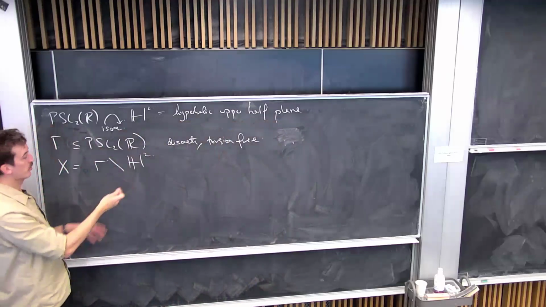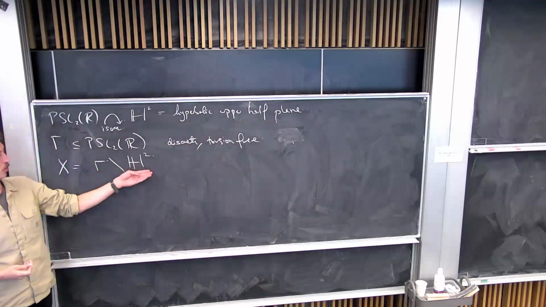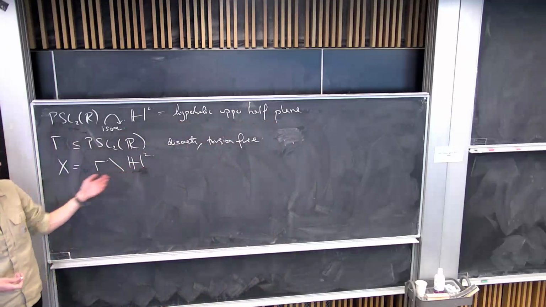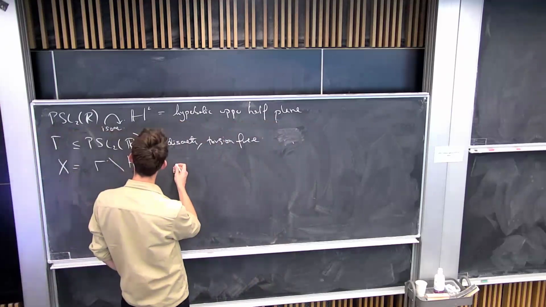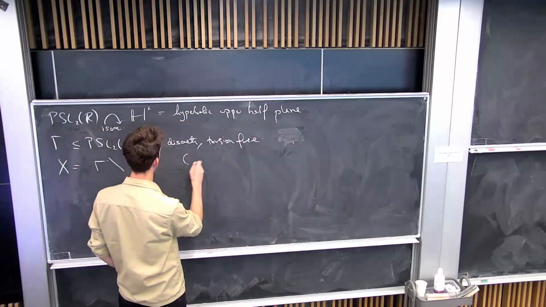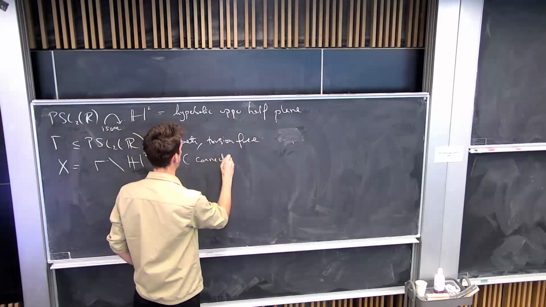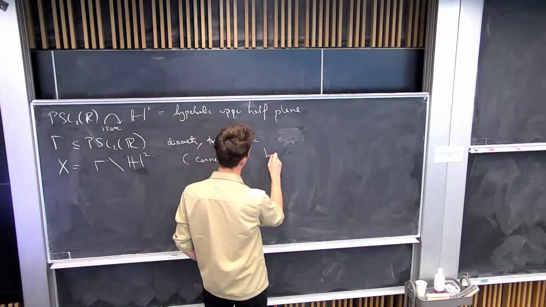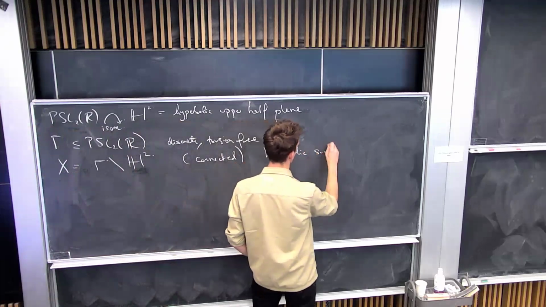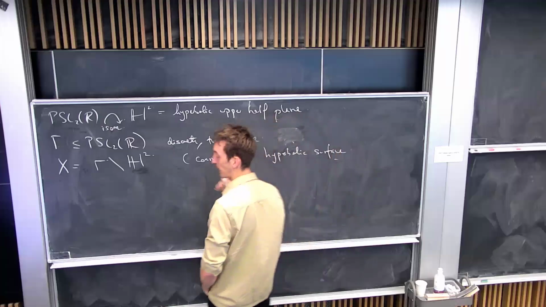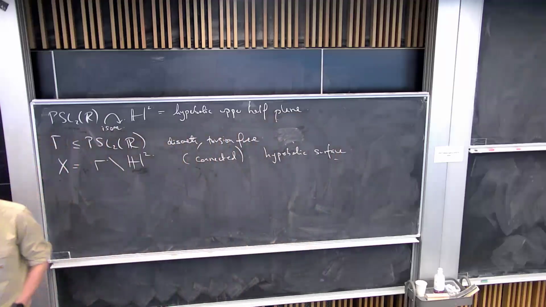You get a surface with the same local metric as the one on H2, so this is a surface of constant curvature minus 1. This is basically my definition of a connected hyperbolic surface. You can take this kind of quotient as a definition of what is a hyperbolic surface. If you want a disconnected one, you take a union of those.